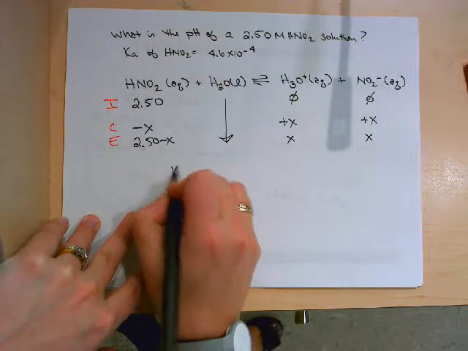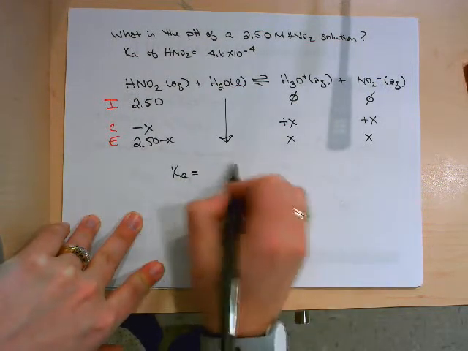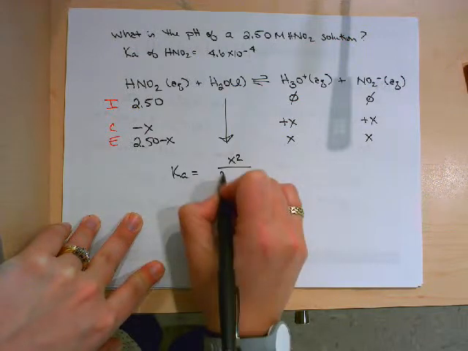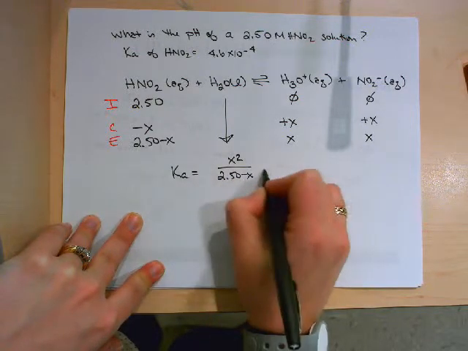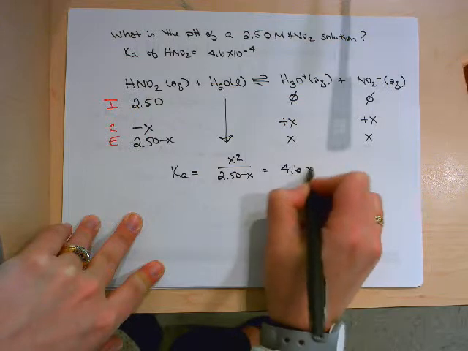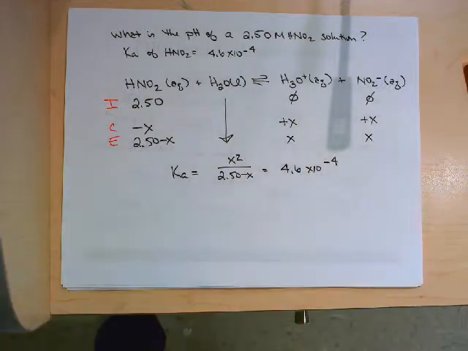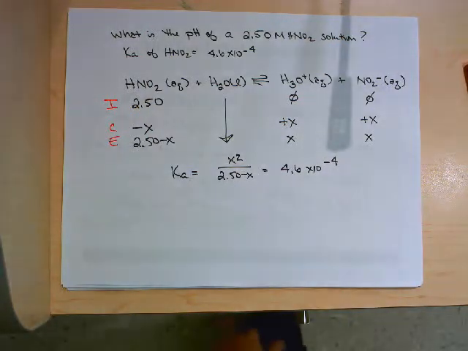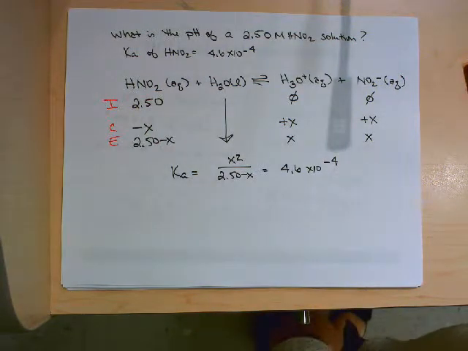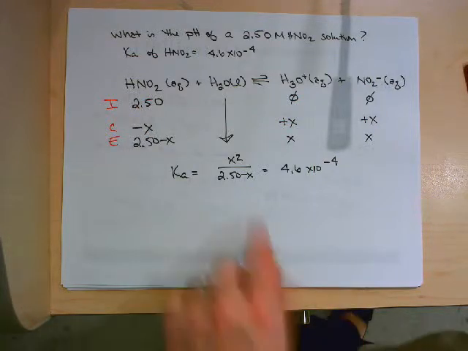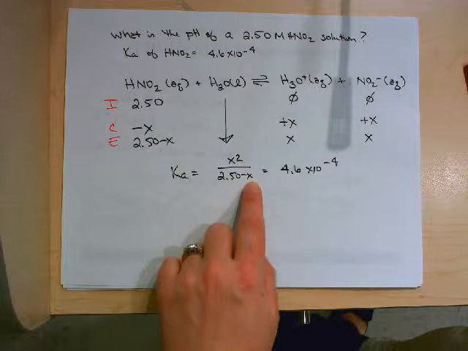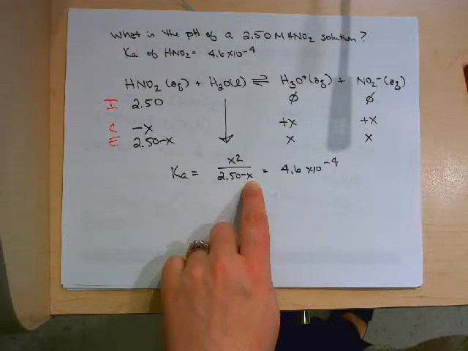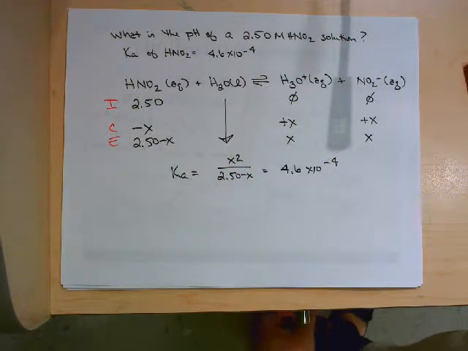Alright, so now x squared over 2.50 minus x equals 4.6 times 10 to the negative 4th. Which x do I assume to be small, the x's on the top or on the bottom? I want the one on the bottom to be small, because if it's on the top, then it's funky.